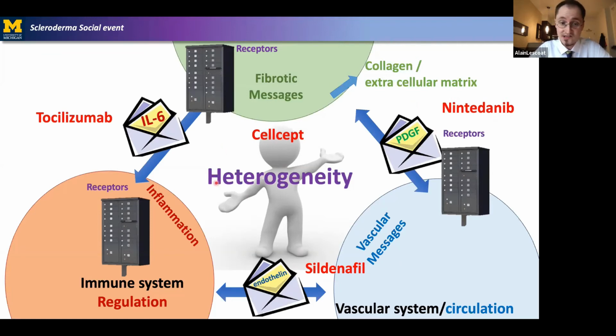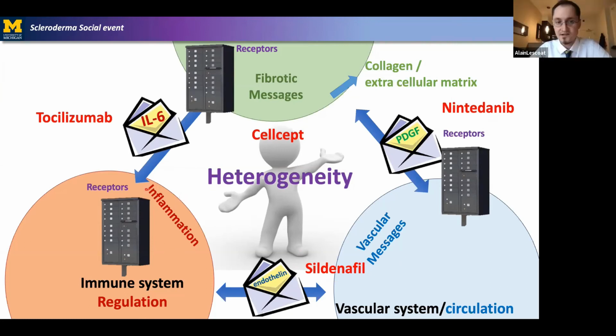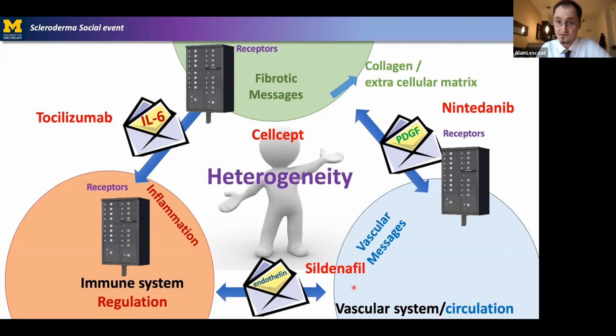But here you understand, if a patient has no excess of inflammatory messages, you don't need to use anti-inflammatory drugs. Or on the contrary, if a patient doesn't have vascular messages in excess, you don't need to block these vascular messages. And this will explain why some patients have specific treatments that others won't have, and why we consider the disease as being very heterogeneous.